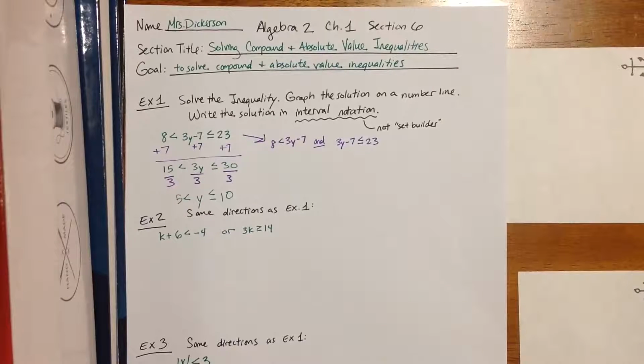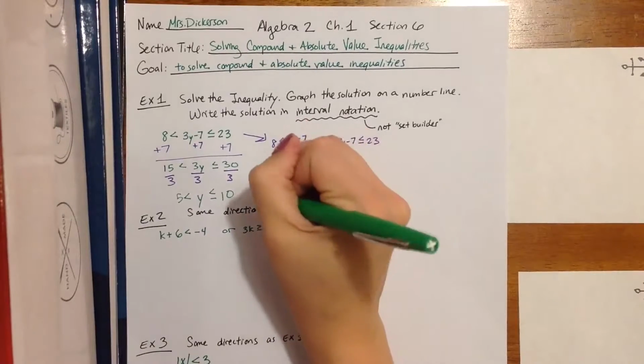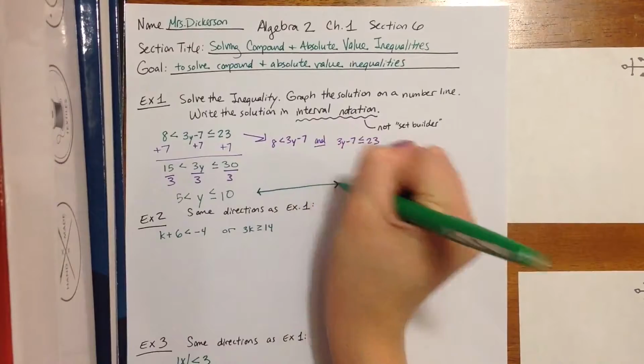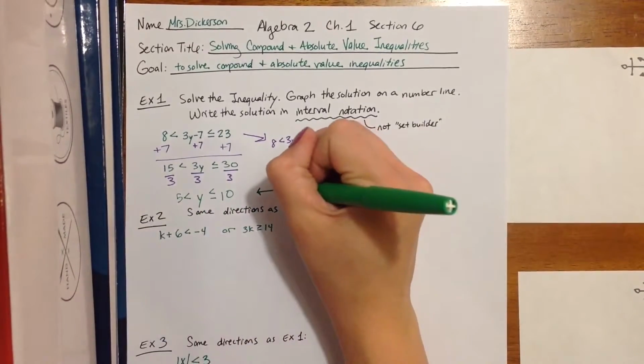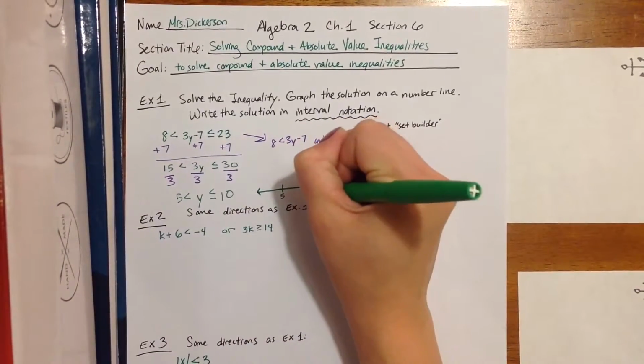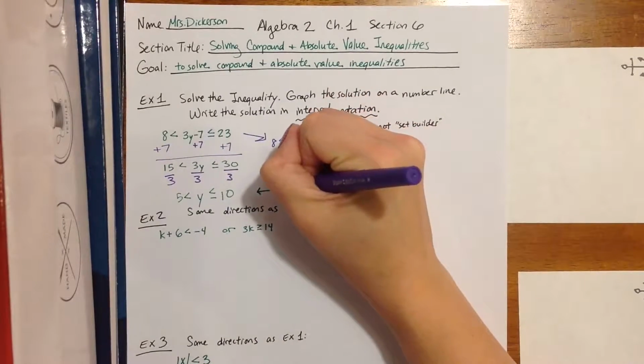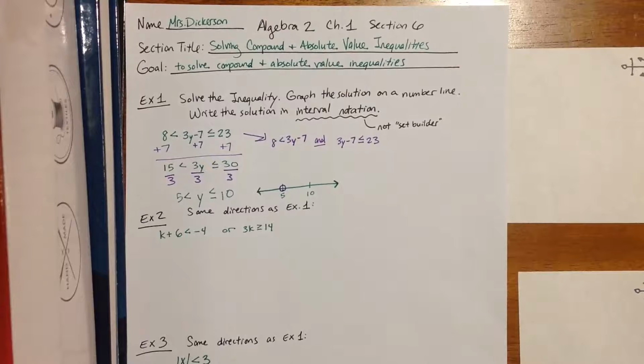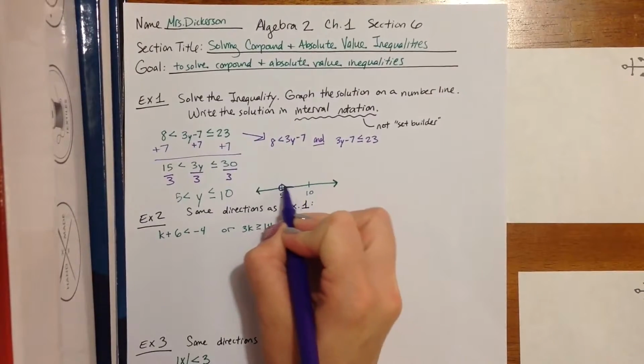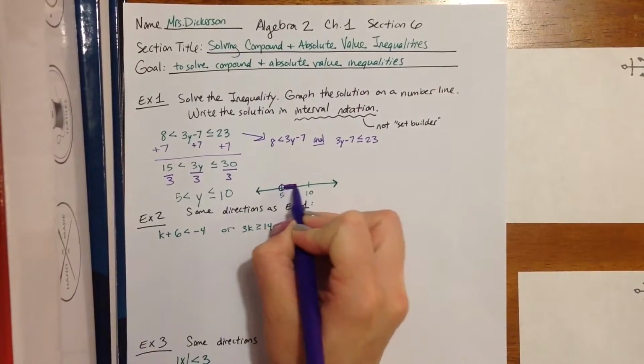So graph this on a number line. I'm going to draw my number line a little bit longer this time. 5 and 10 are my important numbers. Y is greater than 5. I'm kind of reading this backwards here. If y is greater than 5, I need an open circle at 5, and I'm going to be shading greater than to the right.